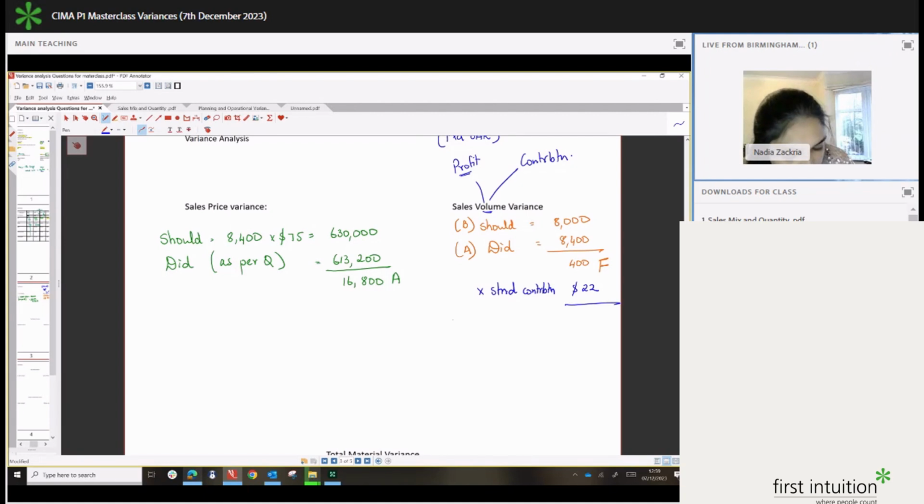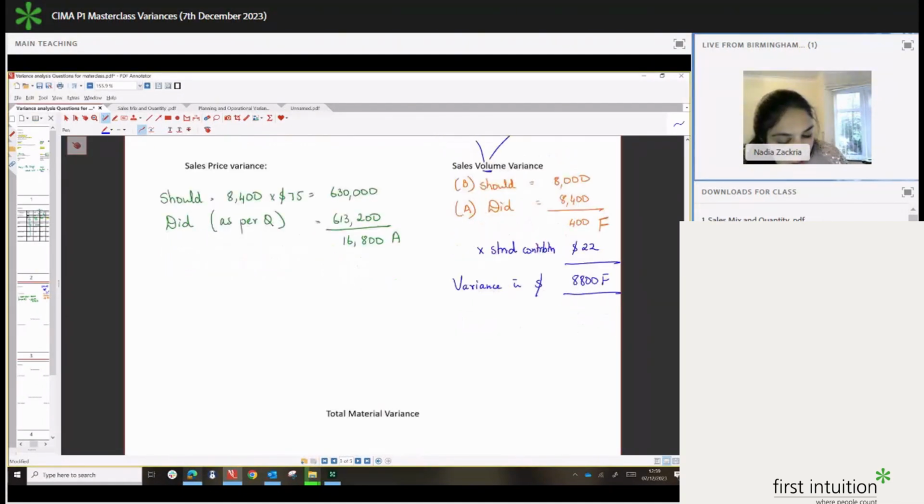That gives us a variance in dollars: 8,800 favorable. Right? So it looks like we've discounted, we've sold more, but we've had to reduce our selling price to below 75, and that's what's given us an adverse variance.